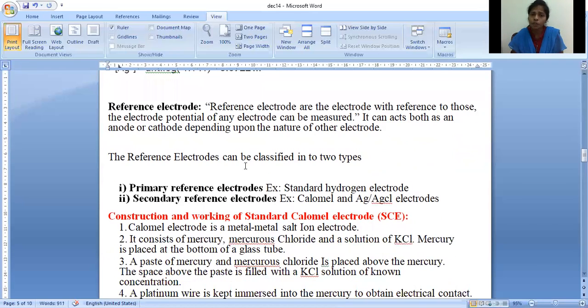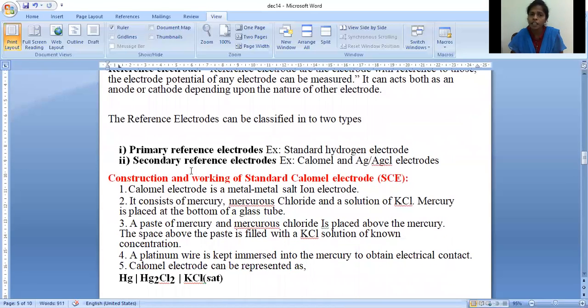The reference electrodes can be classified into two types. One is the primary reference electrode and the other one is the secondary reference electrode. A primary reference electrode example is only the standard hydrogen electrode, which we have seen in the electrochemical series. Secondary reference electrodes are the calomel electrode, silver chloride electrode, also called the glass electrode, and another electrode is the quinhydrone electrode.